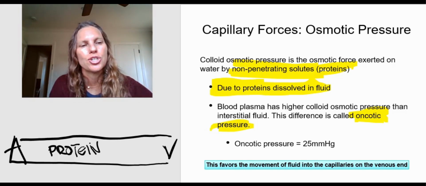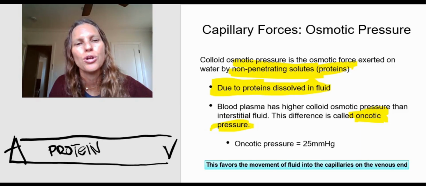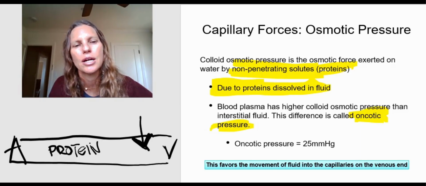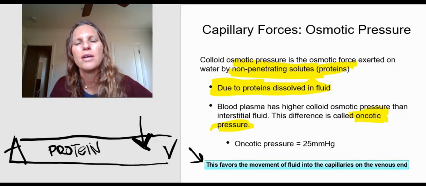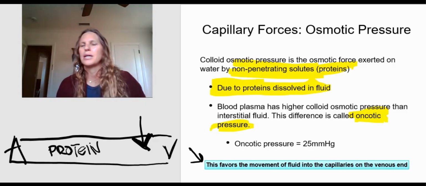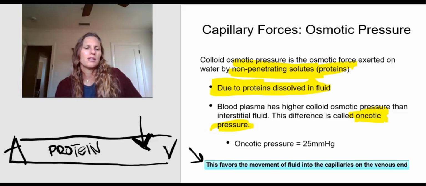So with hydrostatic pressures, we come in here at high pressure and fluid's pushed out. And the hydrostatic forces go down. When we get towards the venous end, the protein's still in here, it's stuck. So the protein is going to pull that water right back in again. So this osmotic pressure is going to favor the movement of fluid back into the capillaries on the venous end.